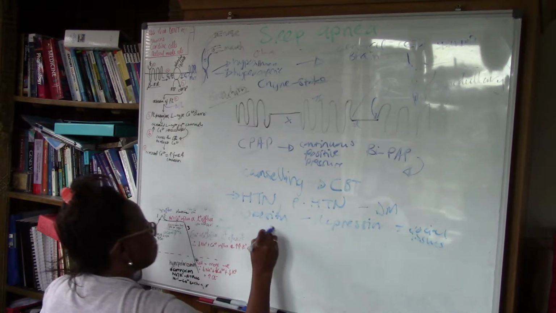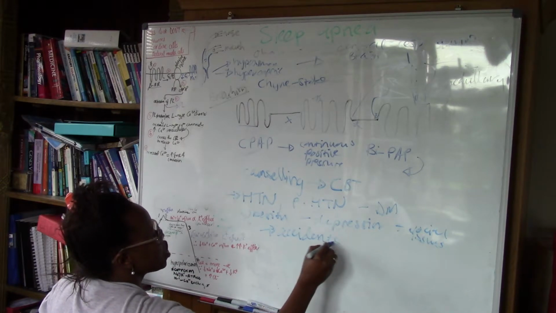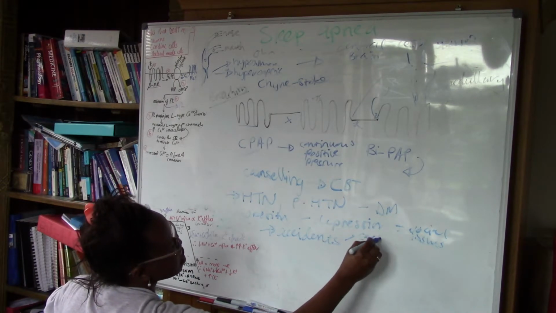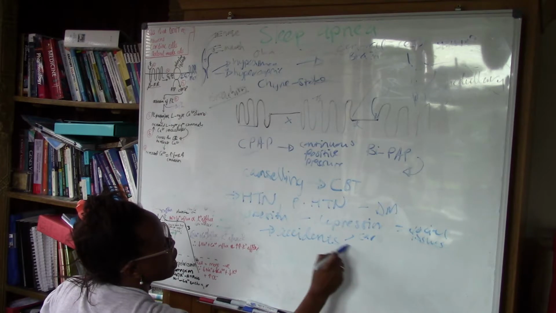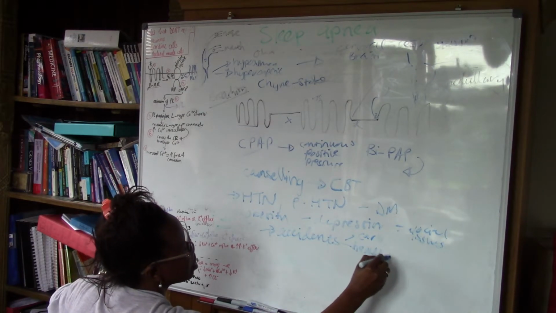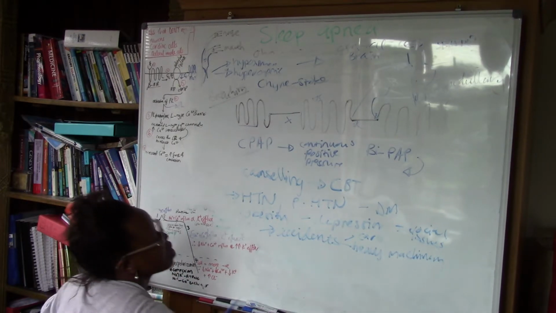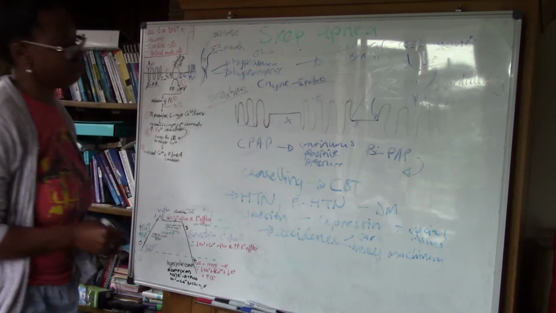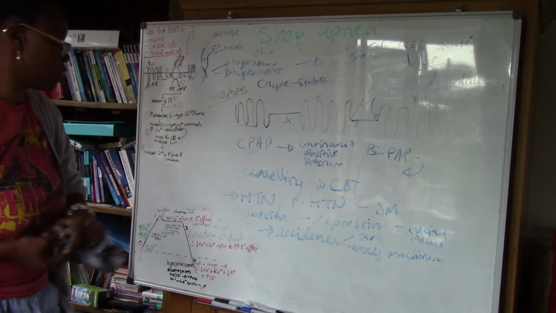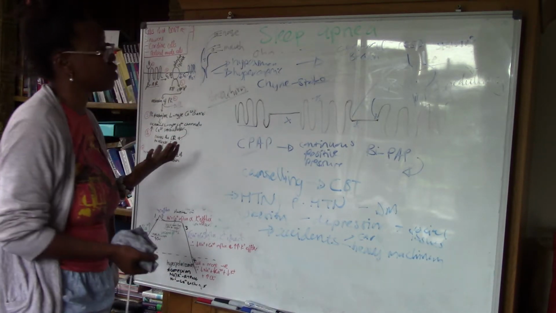And there might be accidents, including car accidents, and say if it's someone who works with heavy machinery. So, yeah, those are the complications that will arise from a disorder such as sleep apnea.